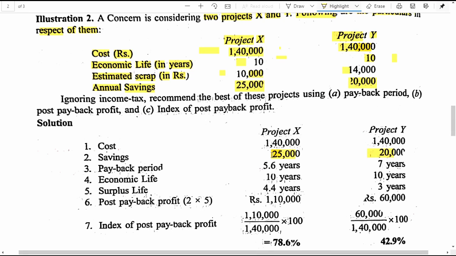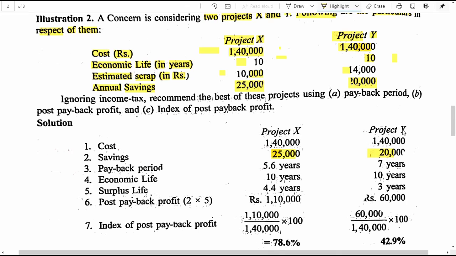Now, let us calculate payback period for project X. 5 years plus 1,40,000 minus the amount we have recovered already till the end of 5 years, that is 1,25,000, the whole divided by the cash inflow for the 6th year. For all years it is only 25,000 rupees per annum. So divided by 25,000, we will get the answer of 5.6 years as payback period for project X.